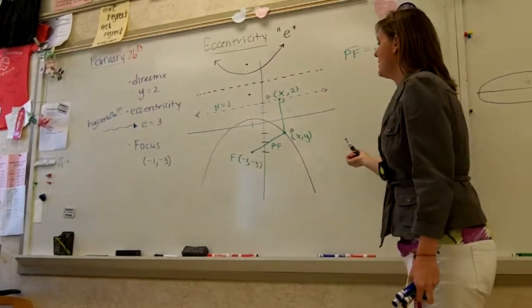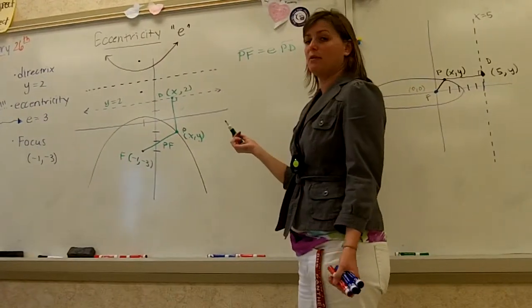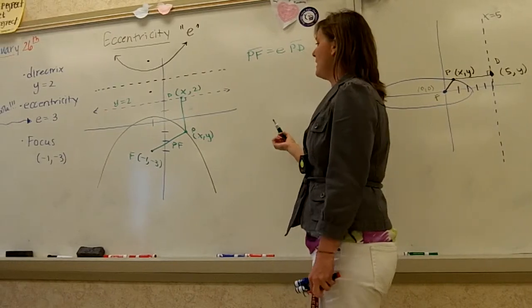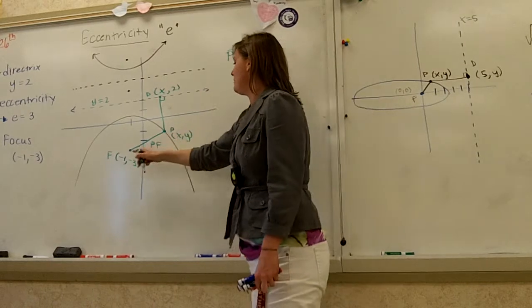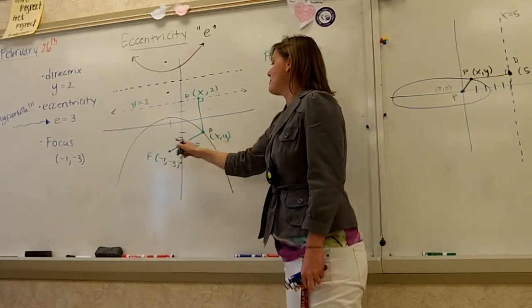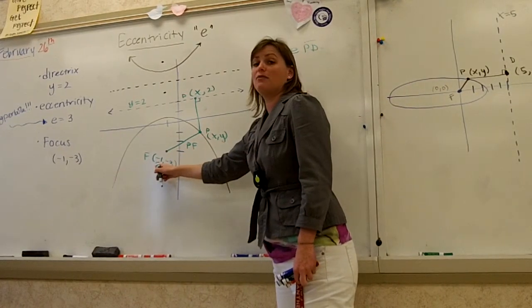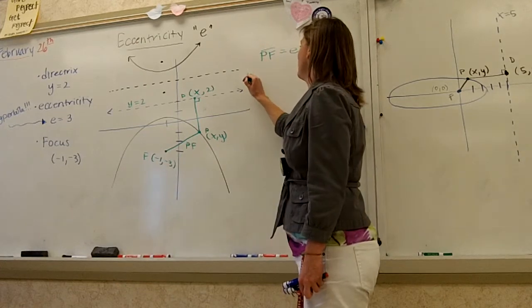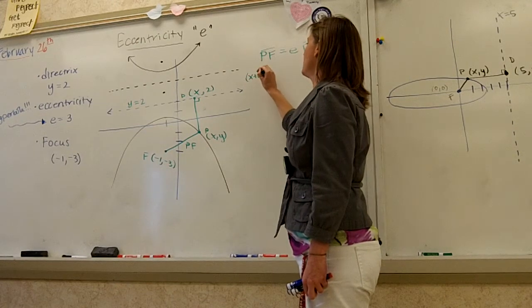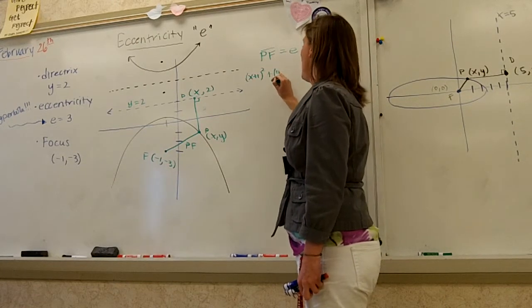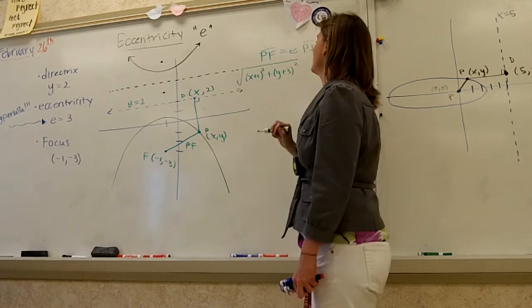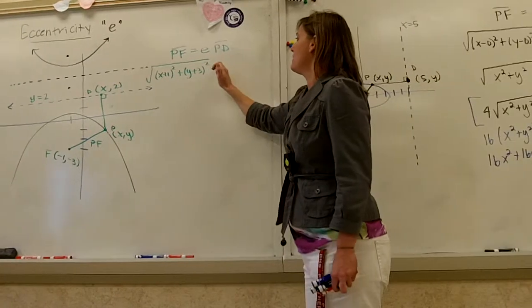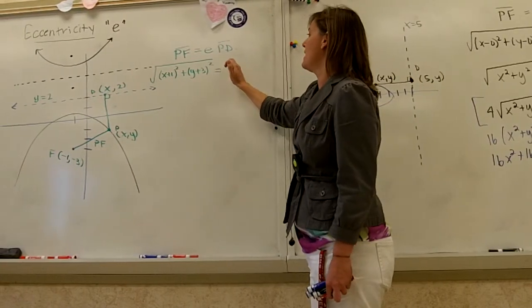This is going to be a little more challenging because I moved away from the origin, but don't freak out, it just means you're going to have to do more foiling. From point to focus, x minus -1 gives x plus 1 squared, plus y plus 3 squared, square root, all of that is equal to the eccentricity, which is 3.